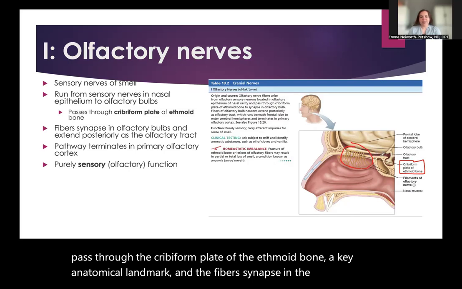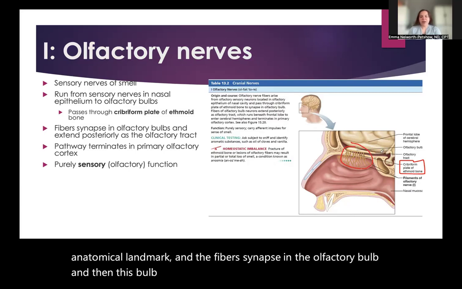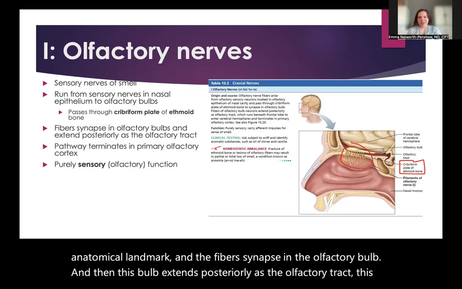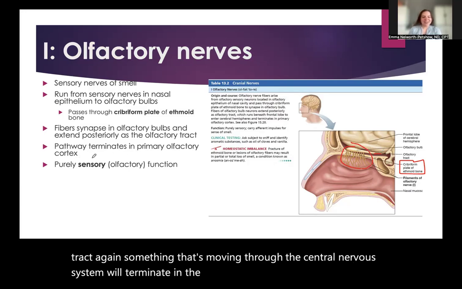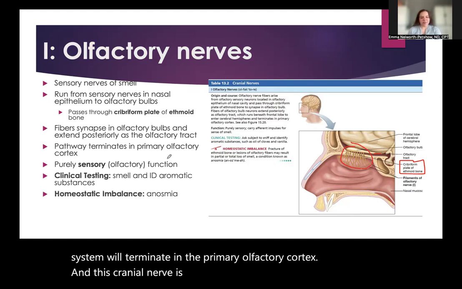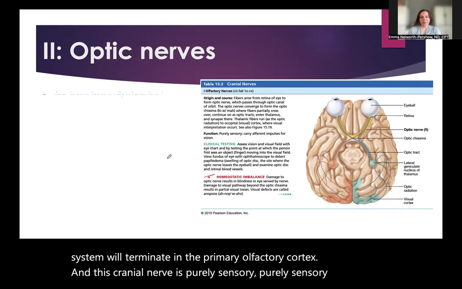This bulb then extends posteriorly as the olfactory tract. This tract, again moving through the central nervous system, will terminate in the primary olfactory cortex. This cranial nerve is purely sensory, purely for smell.